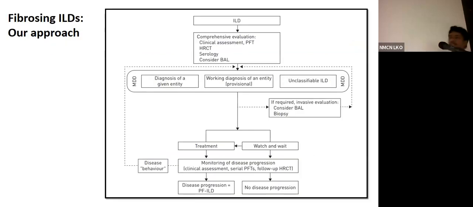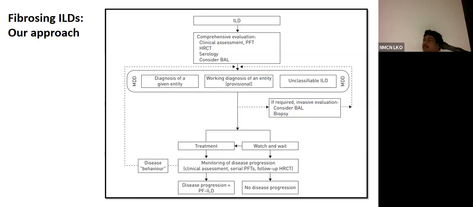Now, this was our approach to the patients of fibrosing ILD that we included. First, we did a comprehensive evaluation: proper clinical assessment, that is history and clinical examination, assessment of lung functional status by PFT and DLCO, radiological assessment with HRCT chest, serological tests for autoimmune markers, and BAL study in selected cases.